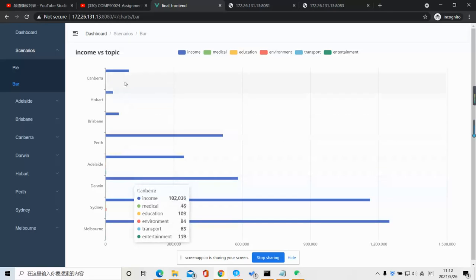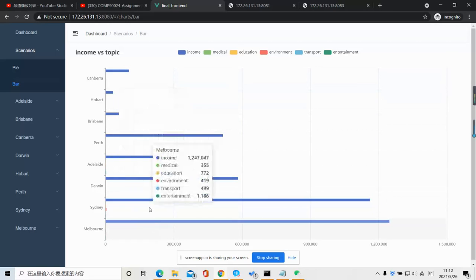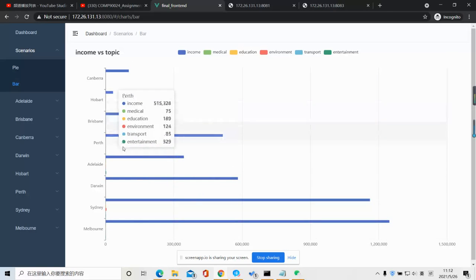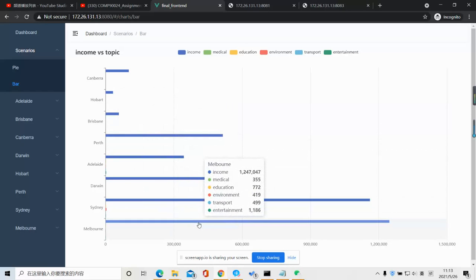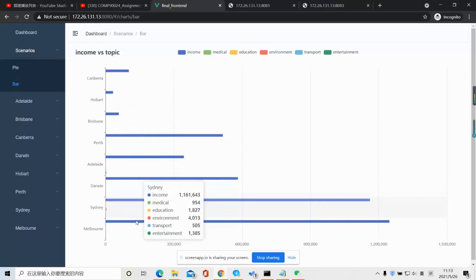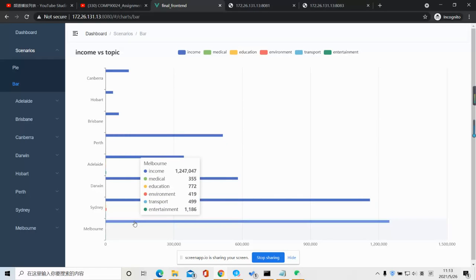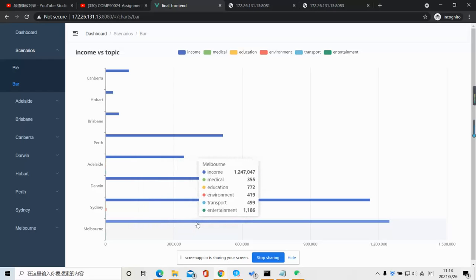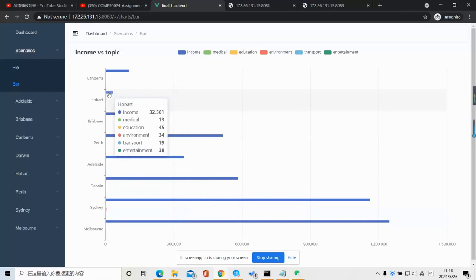But in this bar chart, we can see the income distribution across the major cities we selected. As the bar chart shows, the highest income is in Melbourne, and the lowest is in Hobart.